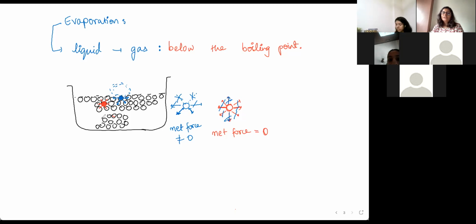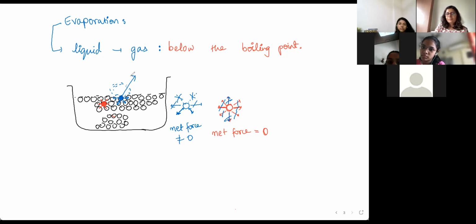One random molecule will get enough energy because नीचे से भी forces हैं, like all of these are colliding against it, so it will get enough energy that it will escape out. It'll get enough kinetic energy that it is sufficient to escape these forces and get out of the liquid state.